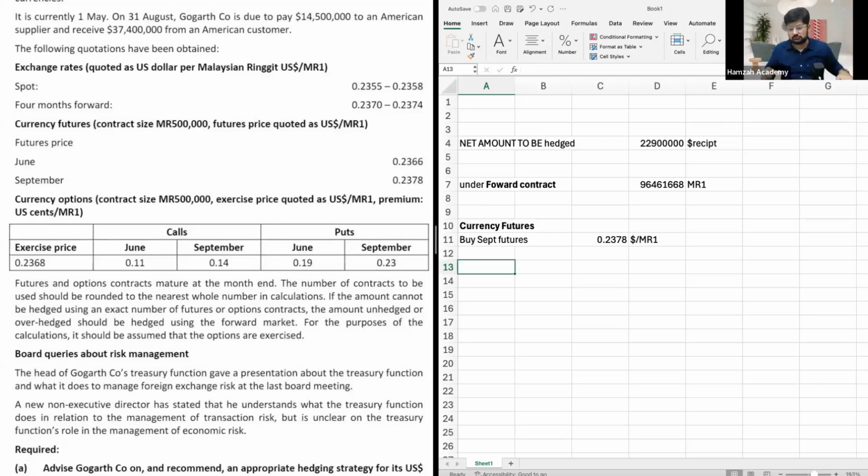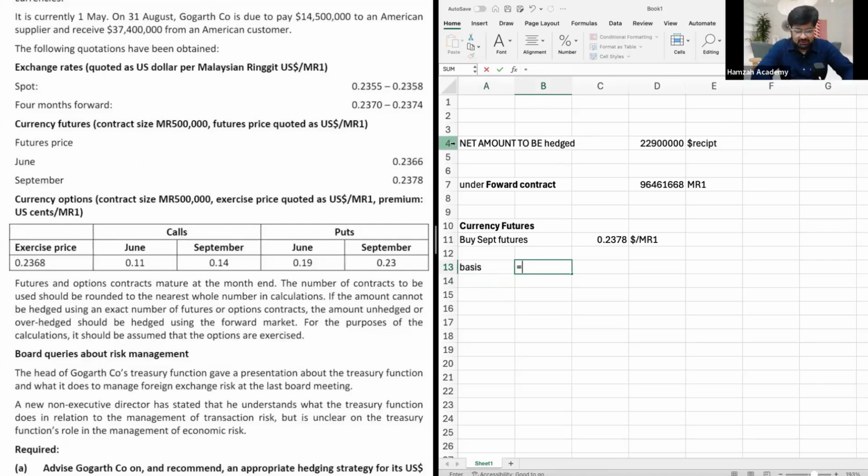Now, students, come here. So for the lock-in rate, we need the basis. We need the basis, which is equal to current spot minus future. The current spot is 0.2358. Higher rate, dividing.